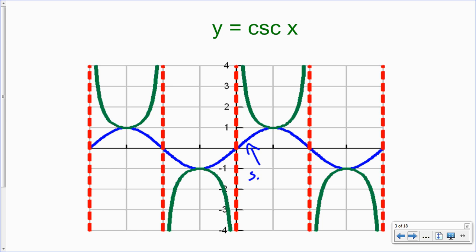This is our sine of x graph. We're at 0, 0 there, at pi over 2, we're at 1, at pi, we're here, and so forth.